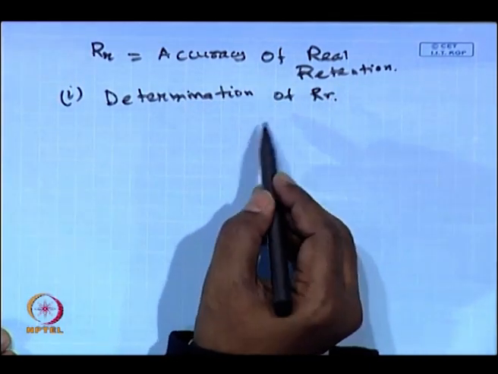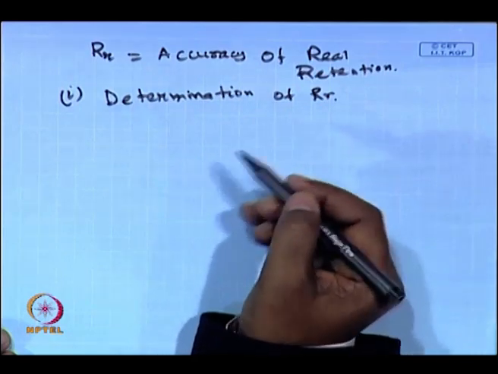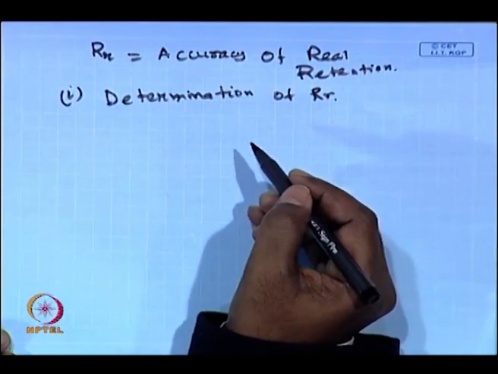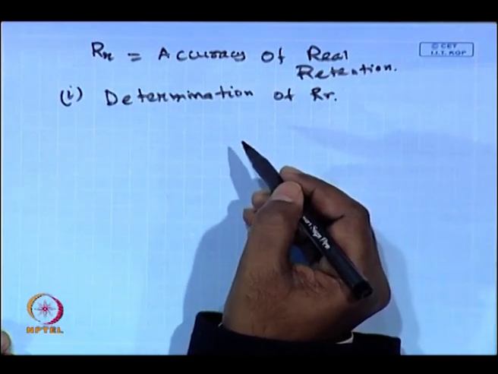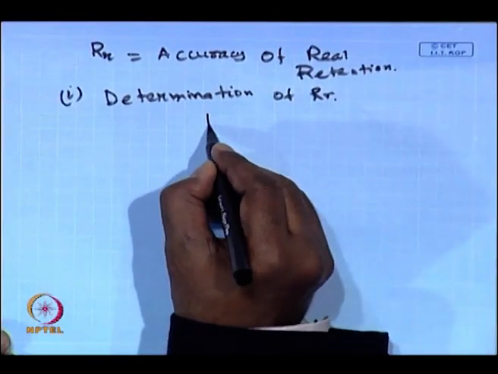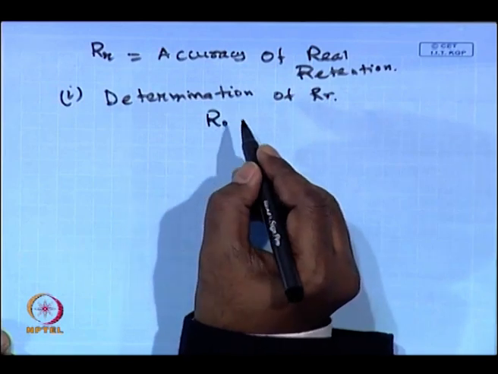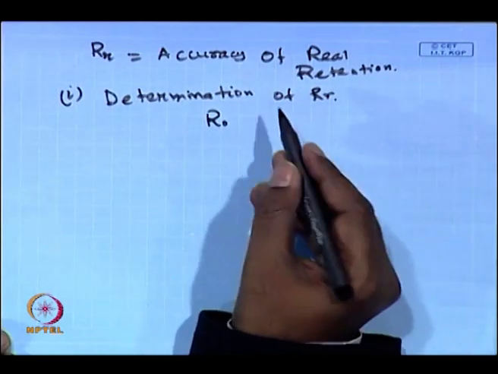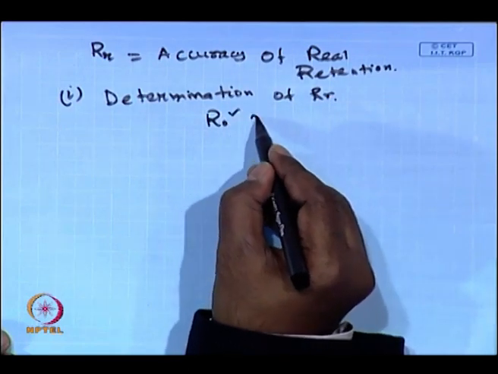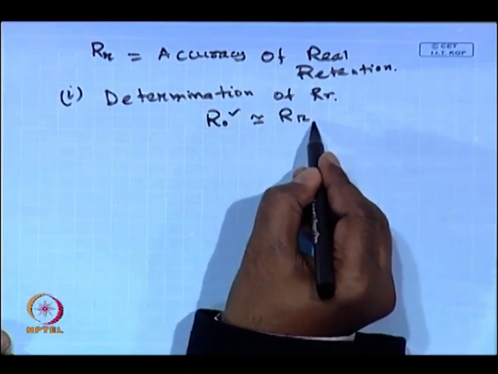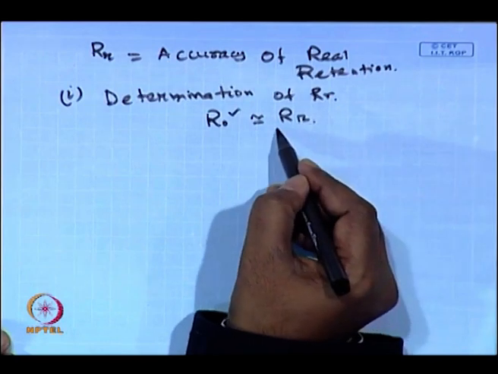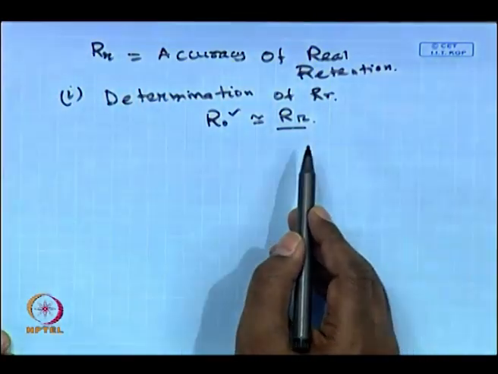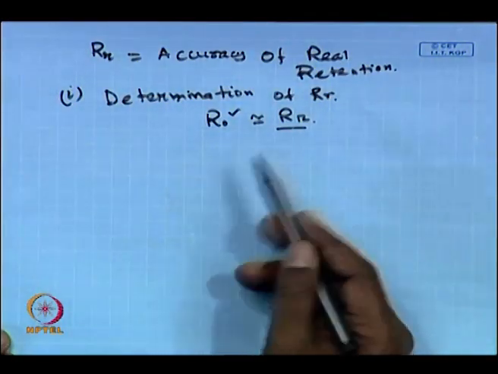How do we determine real retention? We conduct the experiment in a stirred batch cell at a very high stirring speed, so that Cm will be roughly equal to C naught. In that case, you measure the permeate concentration, you know the feed concentration, so observed retention will be known to you and will be almost equal to real retention. Since real retention is constant for a particular membrane solute system, we utilize that.